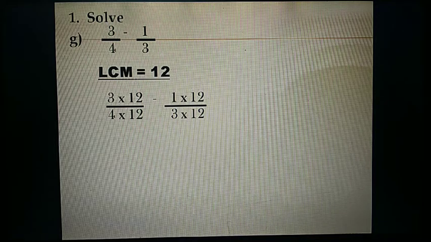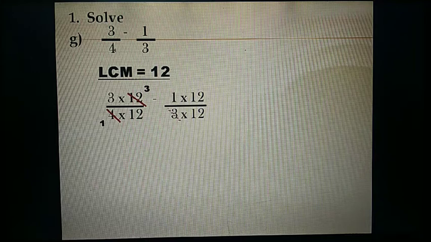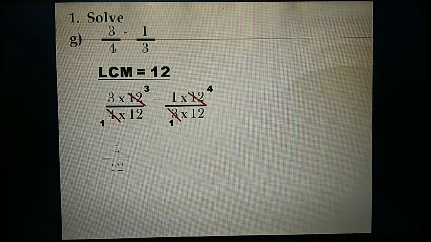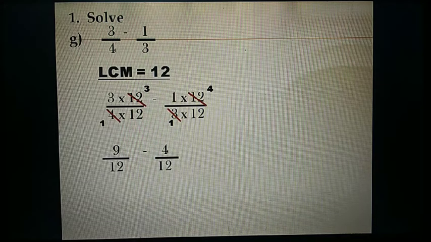Multiply the numerator, you will get the like fractions, perform the calculation then. Okay, 4 ones are 4, 3s are 12, 3 ones are 3, 4s are 12. Now it's 3 3s are 9 upon 12, 1 4 is 4 upon 12. Subtract the two, 5 upon 12.